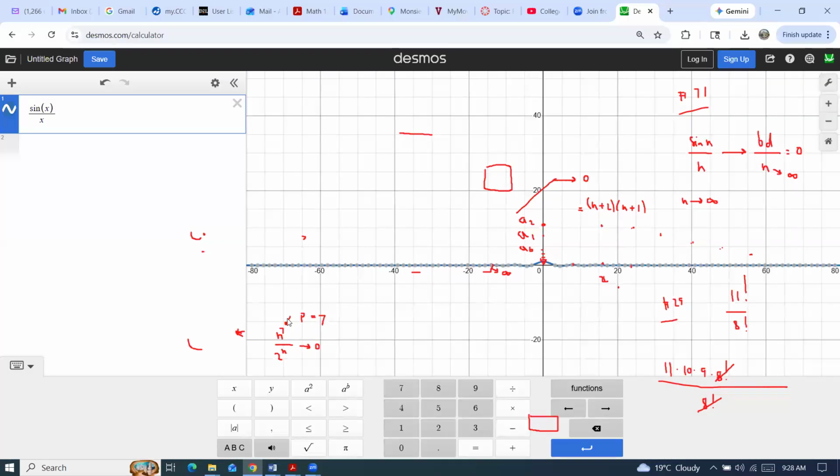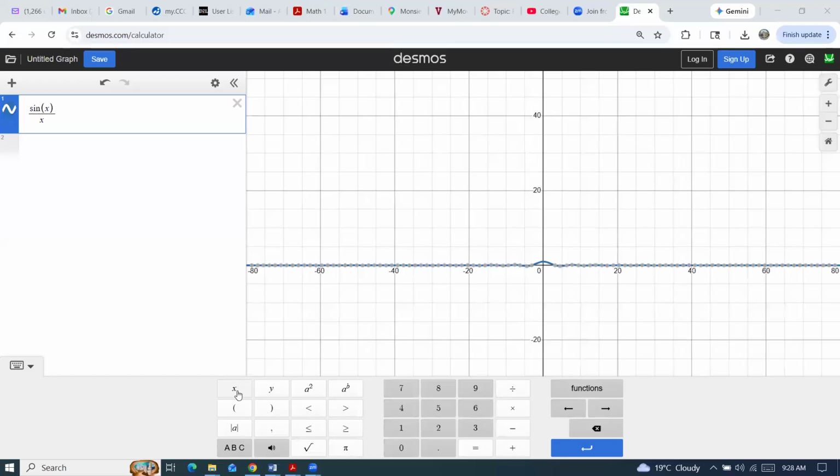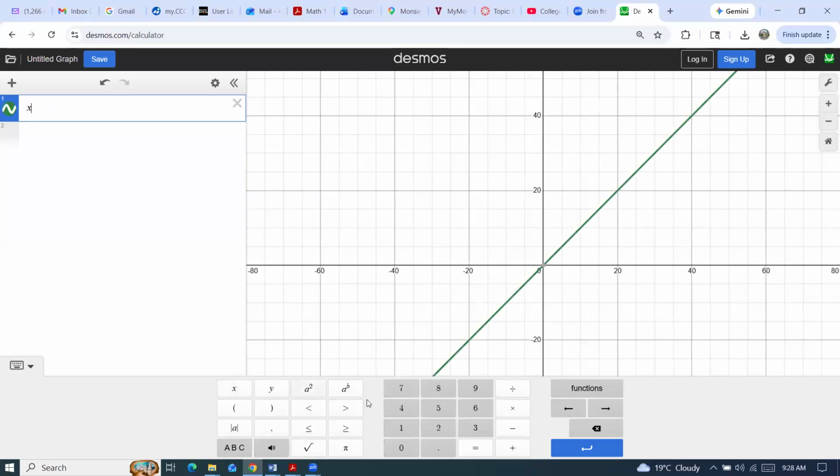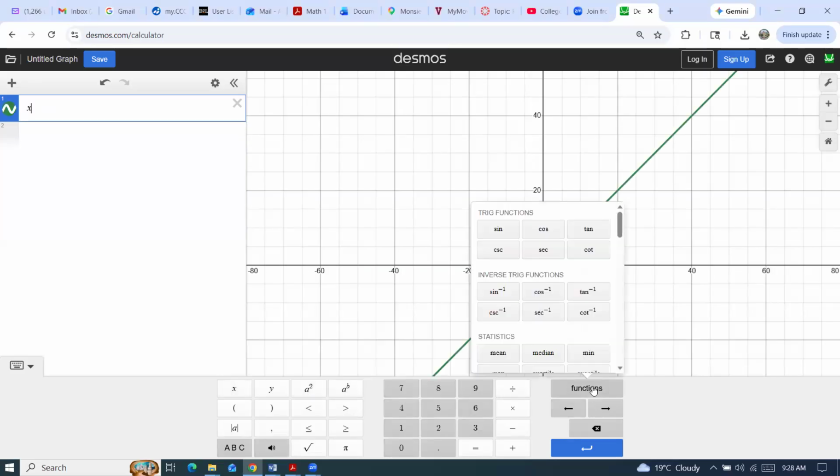So I think I should clean all the mess first. It's kind of too much mess. So I'm going to stop share. So I want to say a couple of words about factorial right now. So let's try to graph x. Oh, let's stop it here. So if I have x and now factorial, I'll be able to find it among my functions.